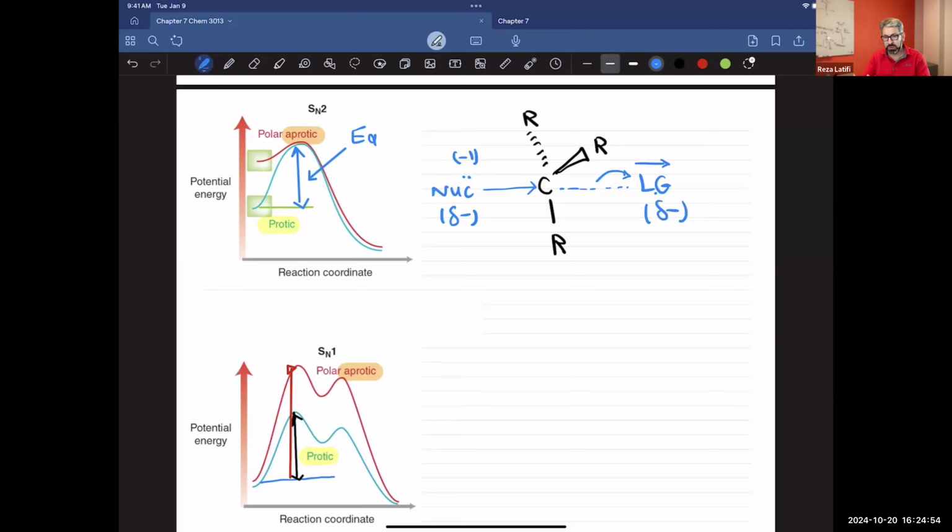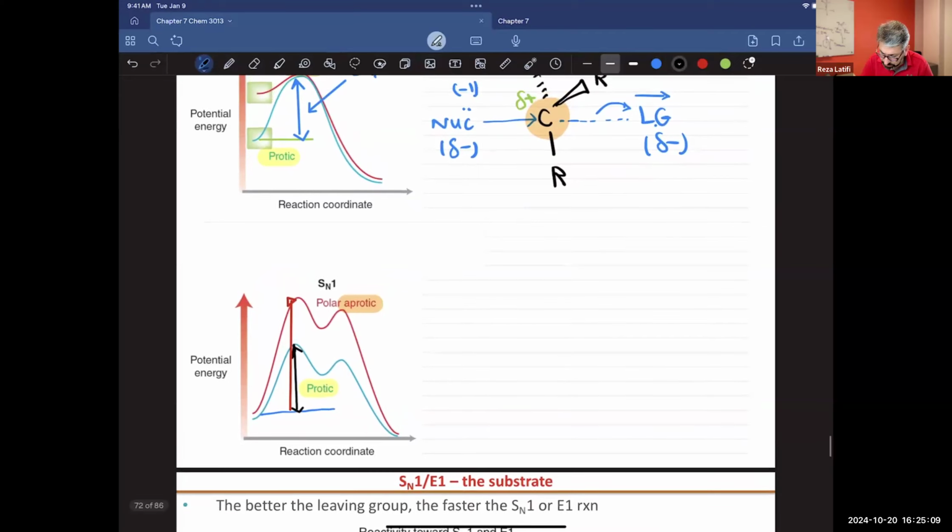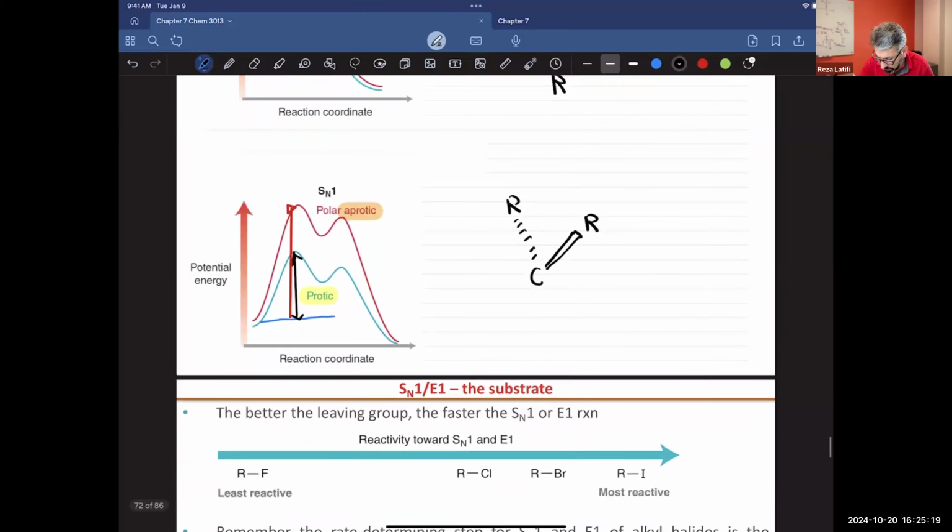Okay, the question is, where is the positive charge? The positive charge is sitting on this carbon. A positive charge is hidden on carbon. Now, when I look at the carbocation, we have an intermediate carbon that has 3 groups, say R1, R2, and then another R, and now we have an empty orbital here.